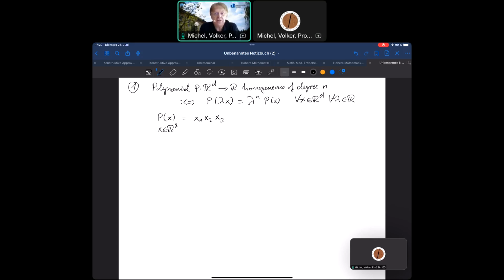This would be homogeneous of degree 3, because whatever you multiply the x with, if you multiply the x with a λ, you get λ·λ·λ, which gives you λ^3. You get λ^2 and λ, you always get λ^3. But if I, for example, added another exponent here, this would not be homogeneous anymore, because the last summand would have degree 4 while the others have degree 3. That's basically what homogeneity for a polynomial means.